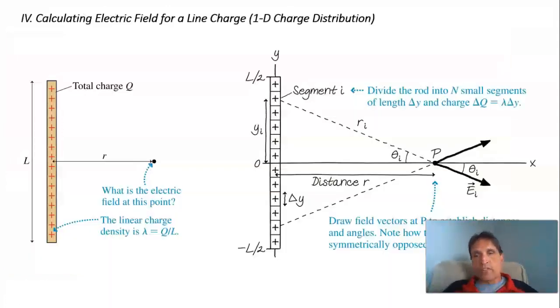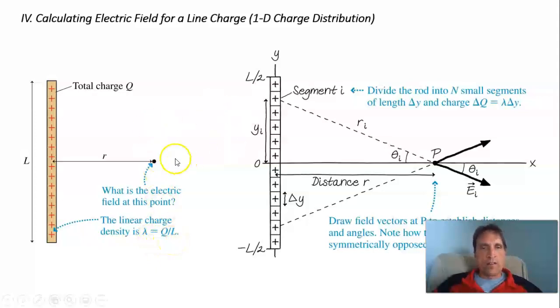Okay. So let's start off with an example in 1 dimension, since that's easier than 2 dimensions. Let's consider this charged wire. The wire has a length L and a total charge Q, and so the charge density is the charge per length, which is Q divided by L, along the wire.